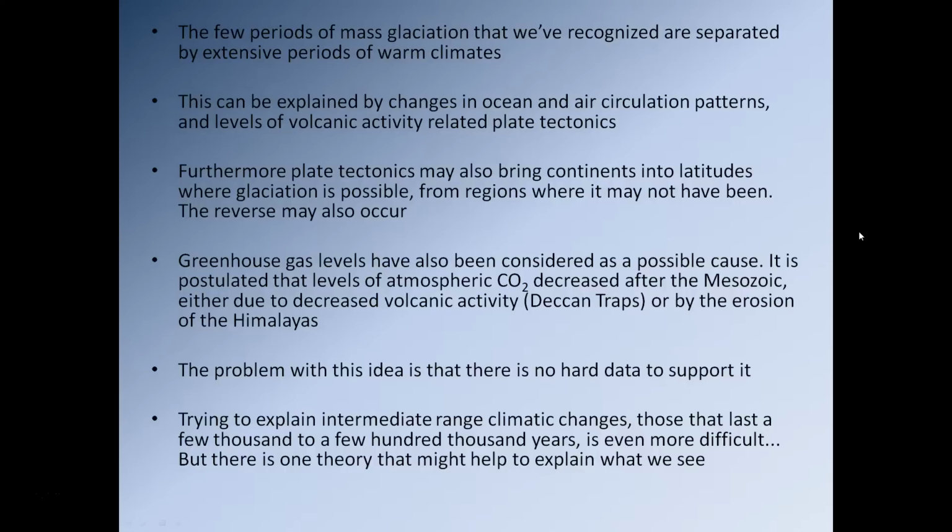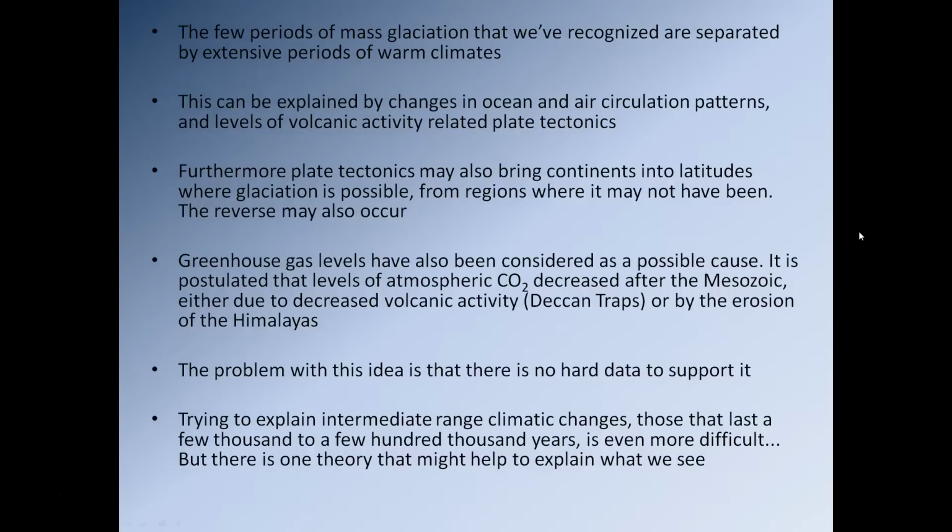So, in all these situations, we have a relatively good idea to explain what's going on. The main problem is that it's actually very, very difficult to find 100% solid data to explain why glaciation is or isn't happening.